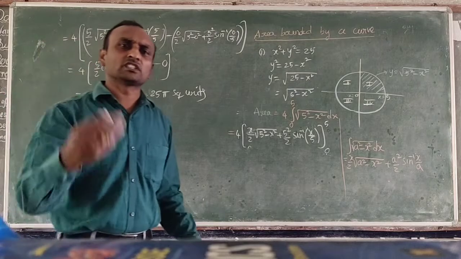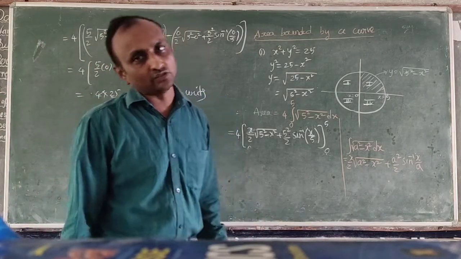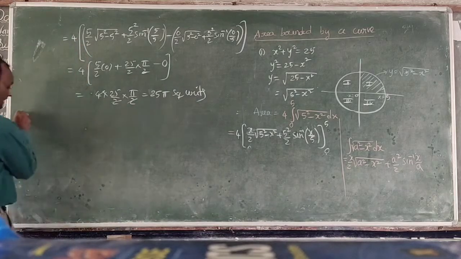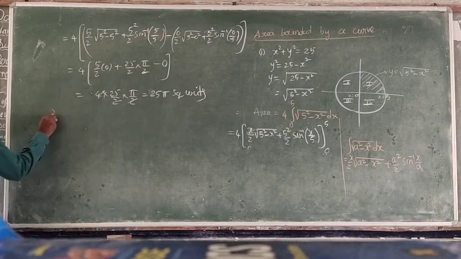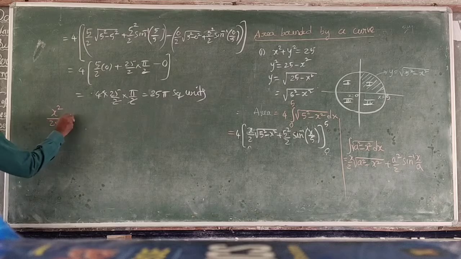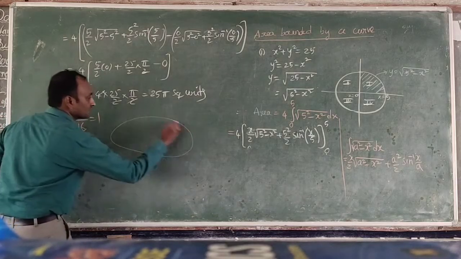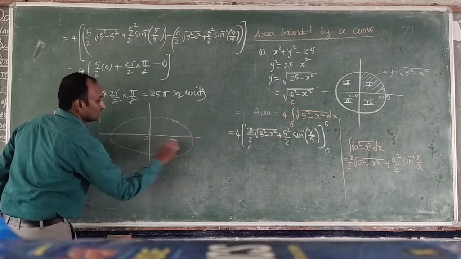In a similar way, if they ask for the area bounded by an ellipse, you can do it using the same method. For example, if they ask for the area bounded by the ellipse x square by 25 plus y square by 16 equal to 1, it is an ellipse. The limits are 0 and 5.